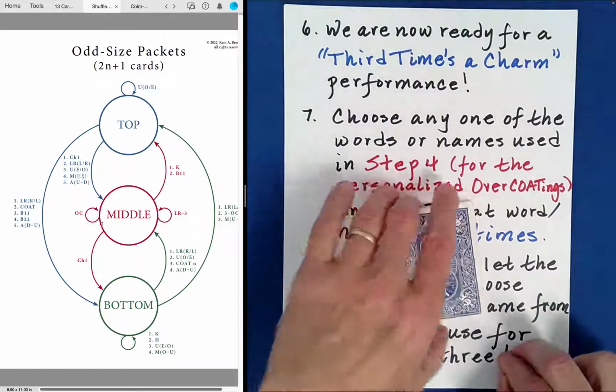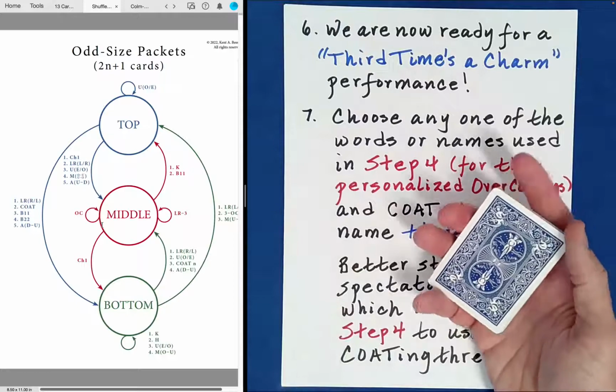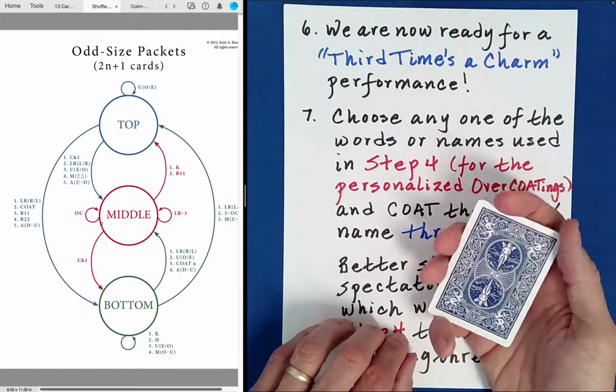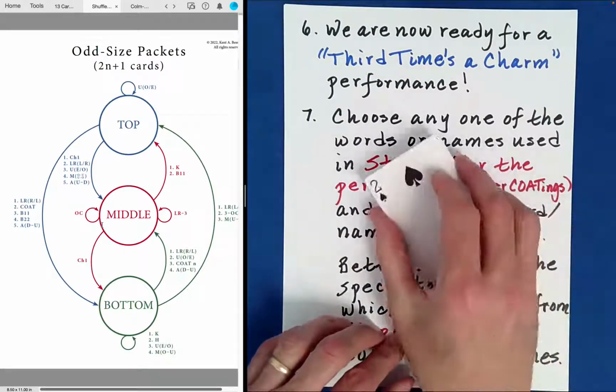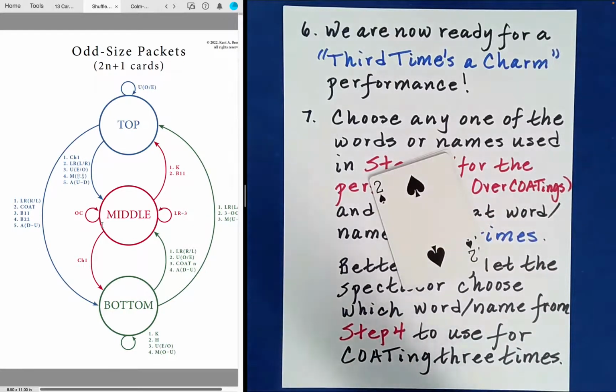Okay, so it's only now that we're actually going to use some of these newer principles, even though I suppose you could stop here and just kind of surprisingly set that down and go, well, you know, I really don't have any idea what your card was. And the spectator's staring at their card going, it's right there.